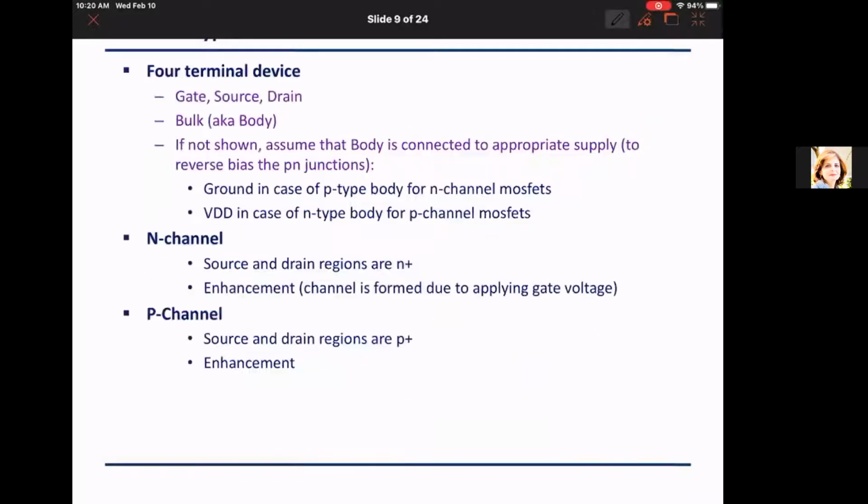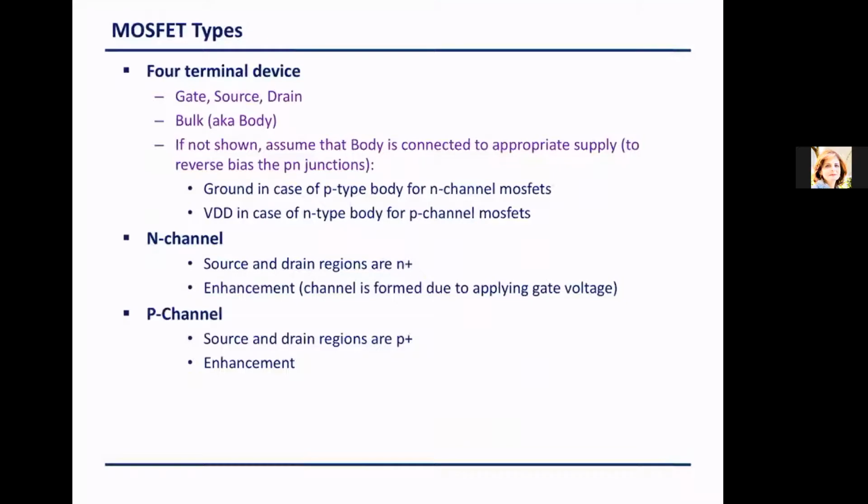Let us now look at the transistor characteristics. So the MOSFET, we already studied that we have two types: the N channel or the NMOS transistor, where the source and the drain are N plus regions, and a channel is formed due to applying a gate voltage. So if VGS is greater than VT, I will have a channel.